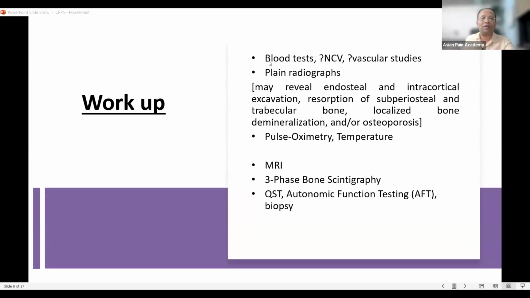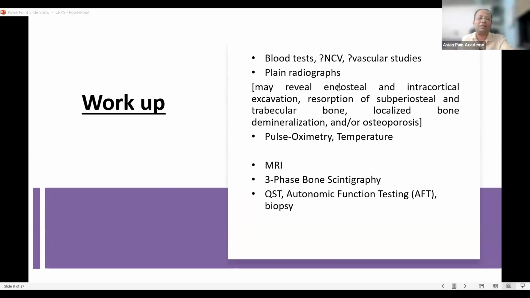So first we will do the blood tests. Simple blood tests like complete blood count, ESR, CRP, liver function test, and renal function test, just to exclude any comorbidity. Then, if possible, NCB, but most of the time it is not possible.